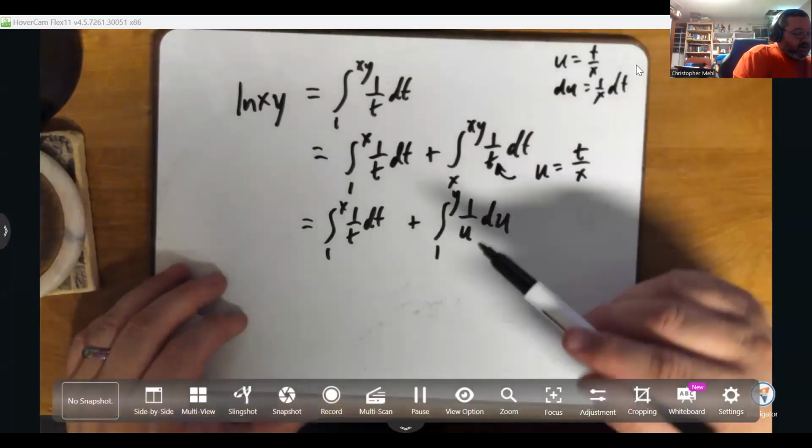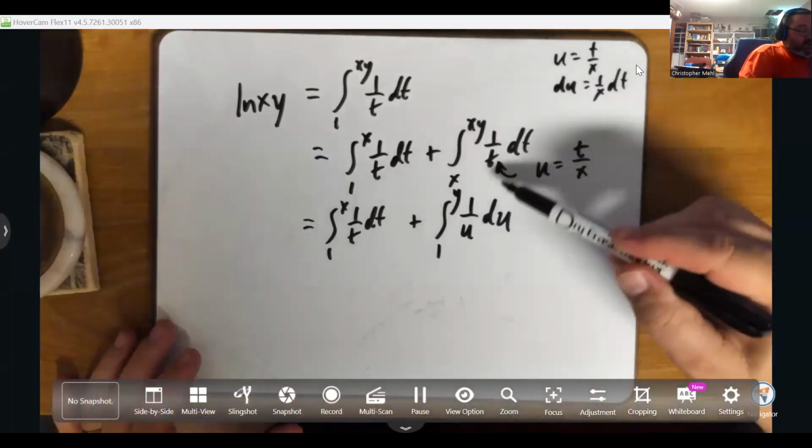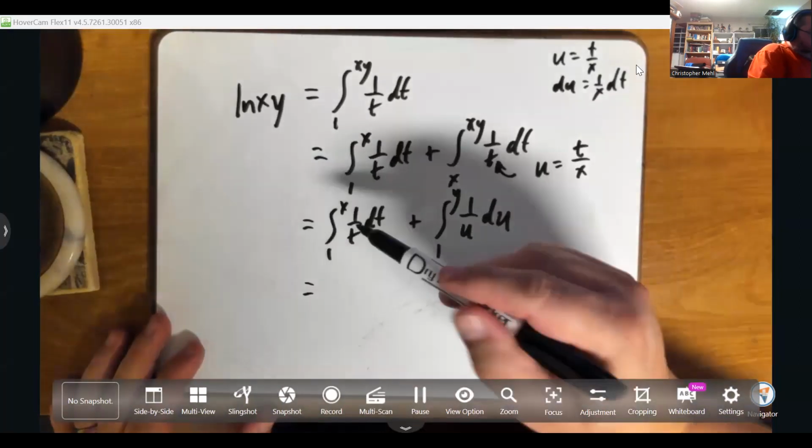All right, so then that breaks with that u substitution, the second integral then, right?